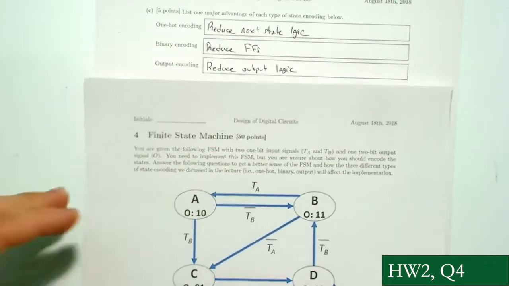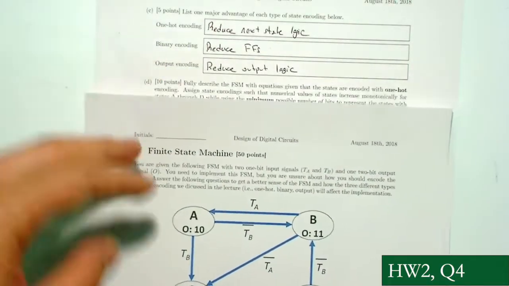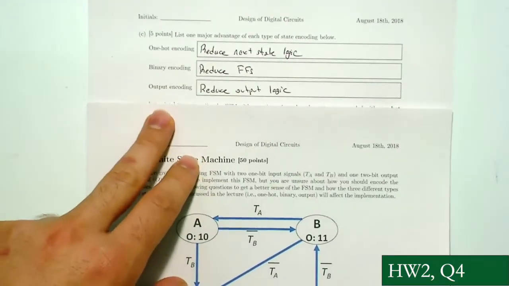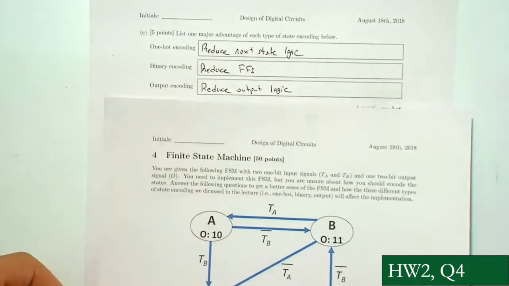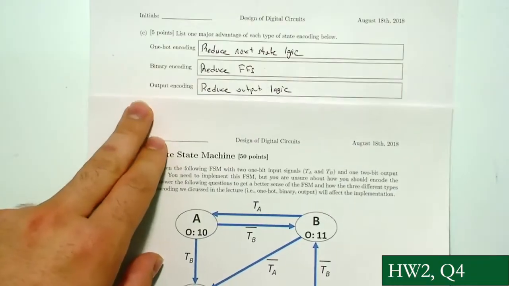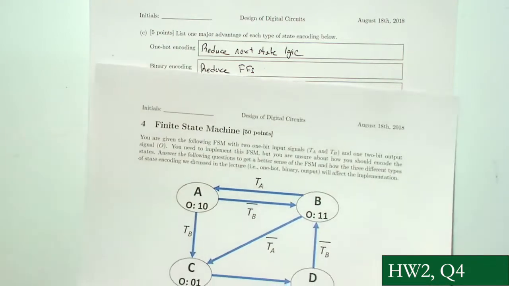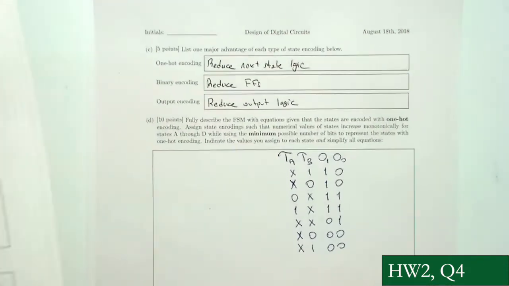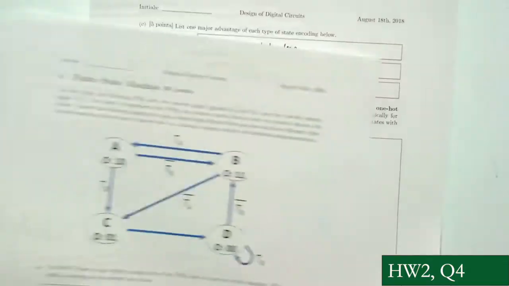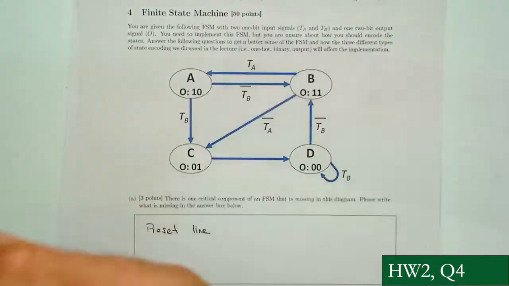One option is one-hot encoding, the second option is binary, as you can see here, and the third option is output encoding. For all of those, what changes is the way that we represent the states, and the rest won't change.